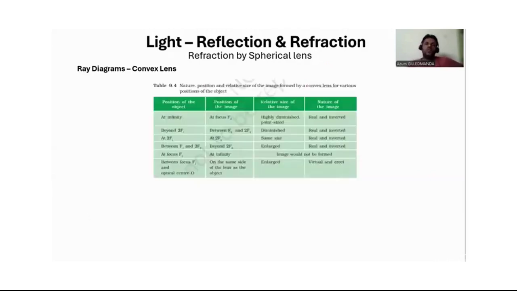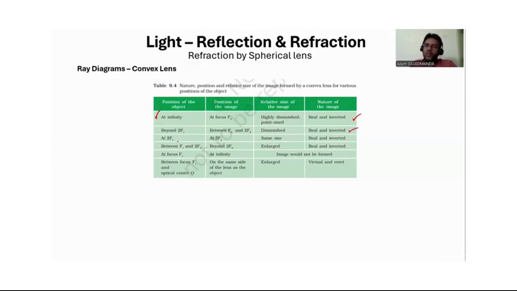This table from your textbook gives the summary of all the scenarios and the position of the object. When the object is at infinity, the image is at focus, which is a highly diminished or point-sized image, real and inverted. When it is beyond 2F2, the image is between F2 and 2F2, diminished, real and inverted.